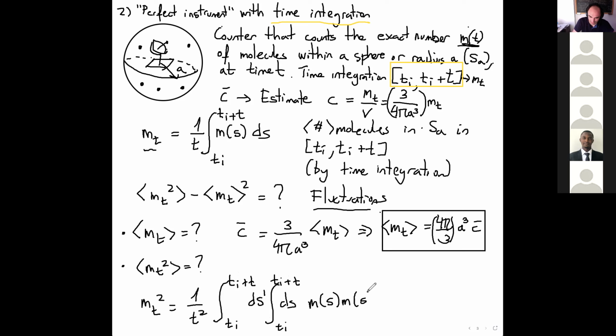This is the way we have to do it, okay? These are dummy variables. You can call them as you want, s and omega, or s and z, but be careful with this. This is something I saw in your exercises, okay?